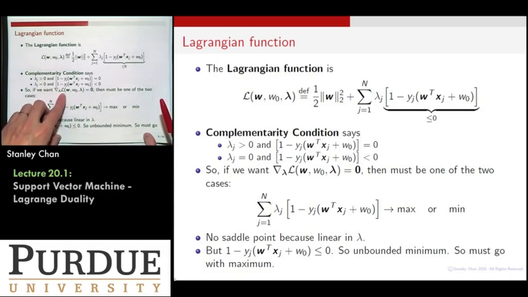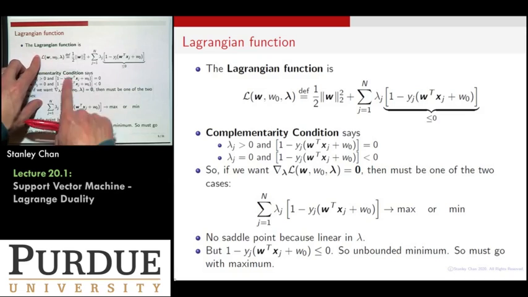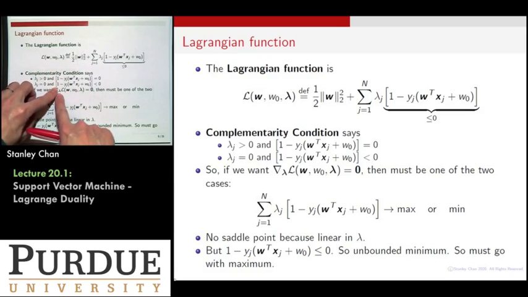And so if you take the gradient of this, with respect to lambda, because to solve this problem, you want to take the gradient with respect to the primal and also the dual. If you take the gradient with respect to lambda and make it 0, then what will happen?